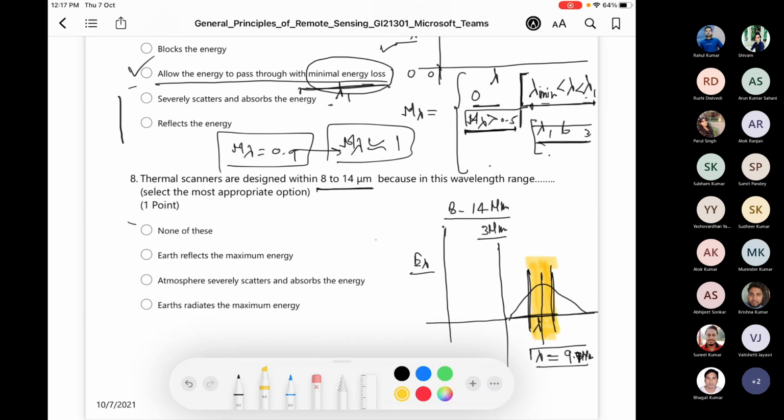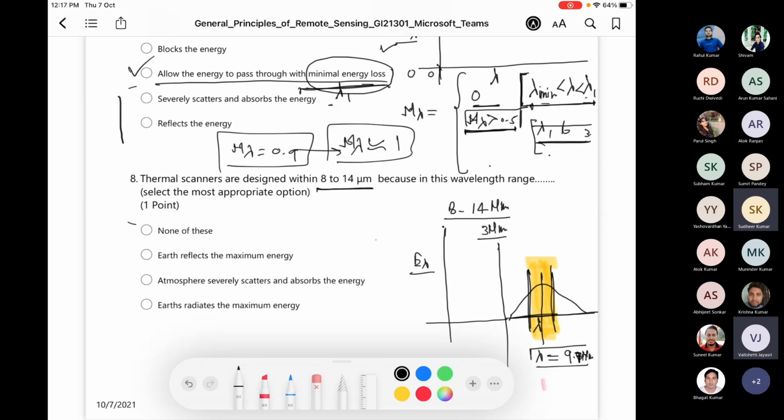And you write it, then what is Wien's displacement law? What is the formula?